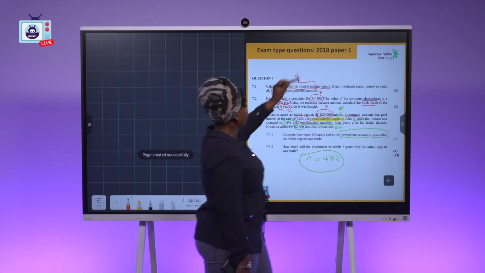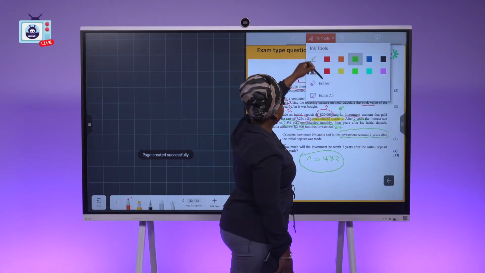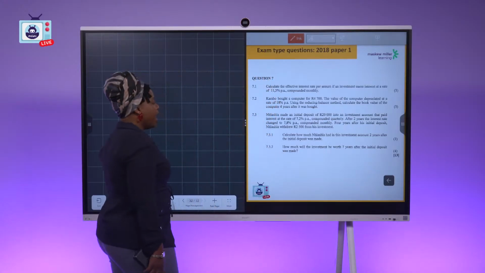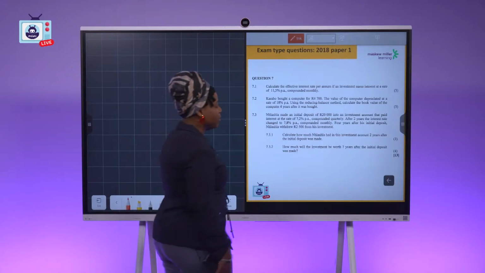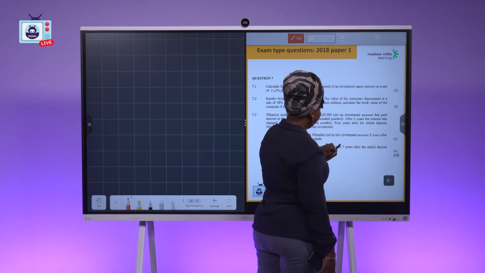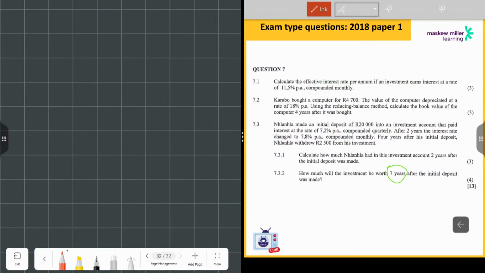All right. So let's do the last one. They said, how much will the investment be worth 7 years after the initial deposit was made? So we made a deposit, but what is going to happen to this investment after 7 years?